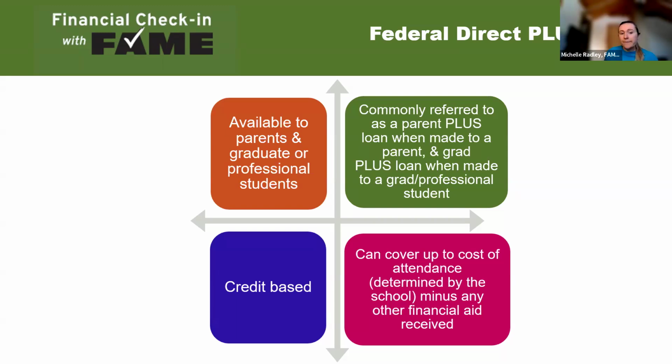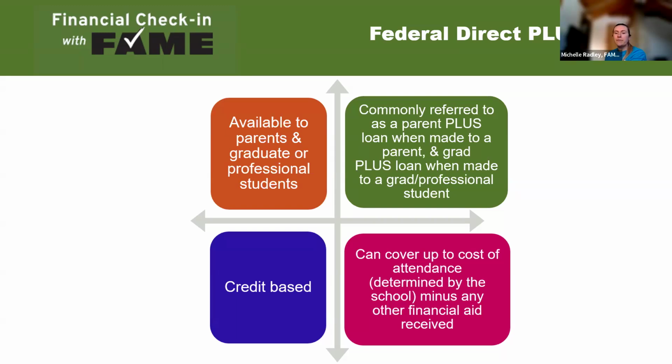So anybody in grad school, and parents of any student, really. They're commonly referred to as either Parent PLUS loans or Grad PLUS loans, depending on who they're being made to. If they're made to a parent, you'll hear the term Parent PLUS. If they're made to a grad student, they'll typically be called Grad PLUS.